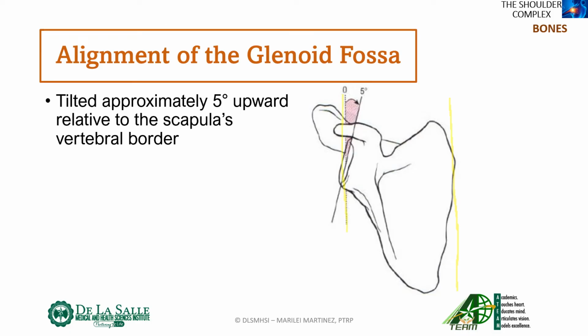So they said, or the alignment of the glenoid fossa is actually tilted approximately 5 degrees upward relative to the scapula's vertebral border. So actually, this contributes to the stability of the glenohumeral joint.